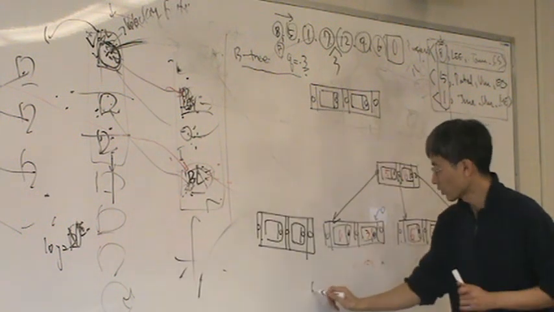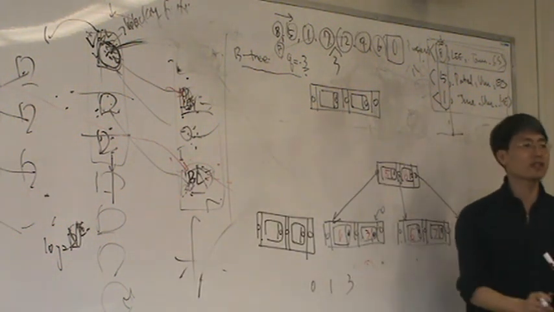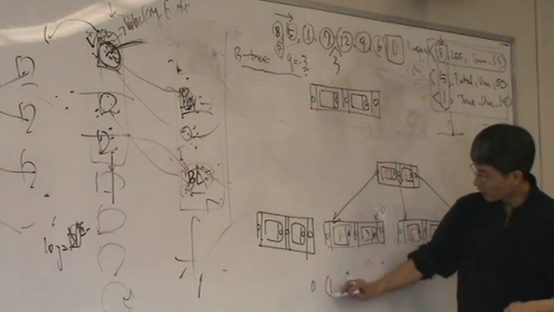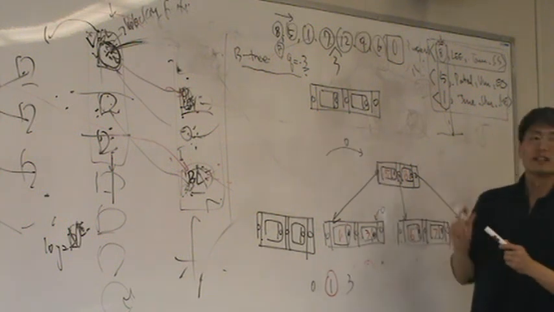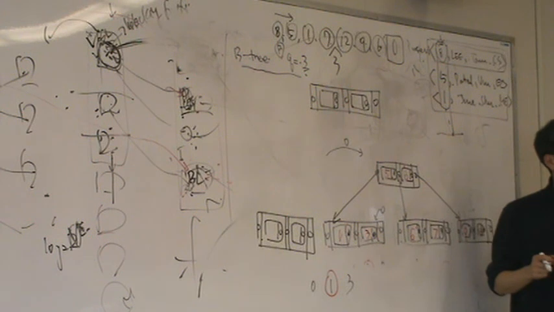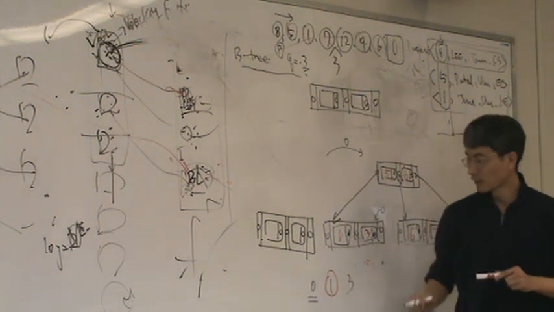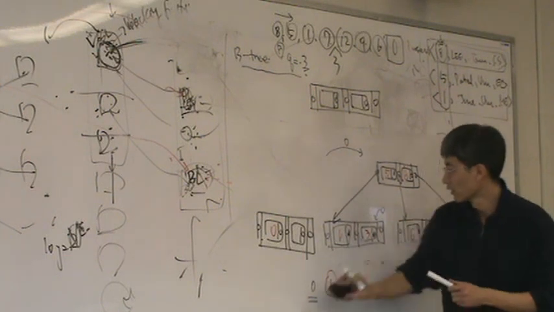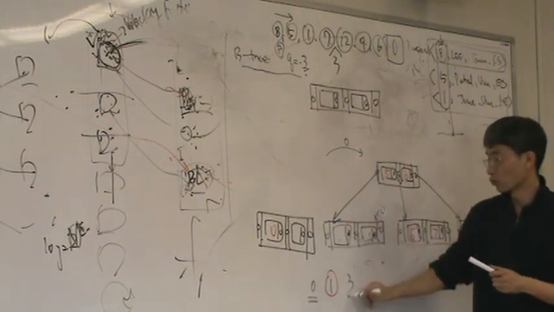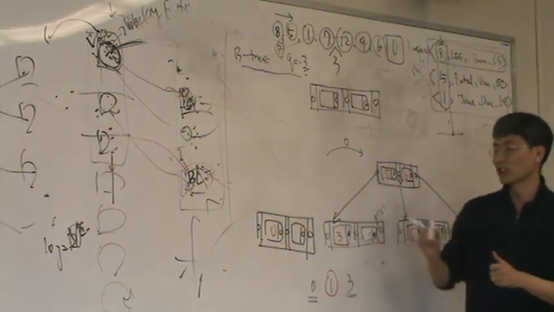So we have 0, 1, 3. Which one is the middle value? 1. So 1 will be promoted. Then left hand side, 0. Right hand side, 3. So 3 goes to here.